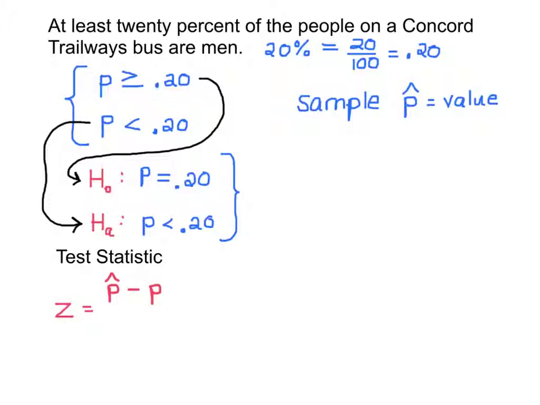And that is divided by the standard deviation, which is the square root of p, which is the 20%, times q, which is 80%, not male, divided by n. So this z-score right here is our test statistic, and it's based on the p hat that we get from our sample.